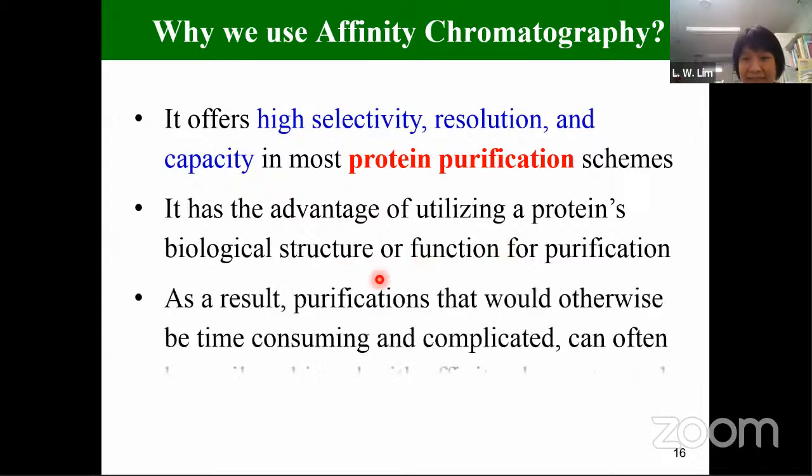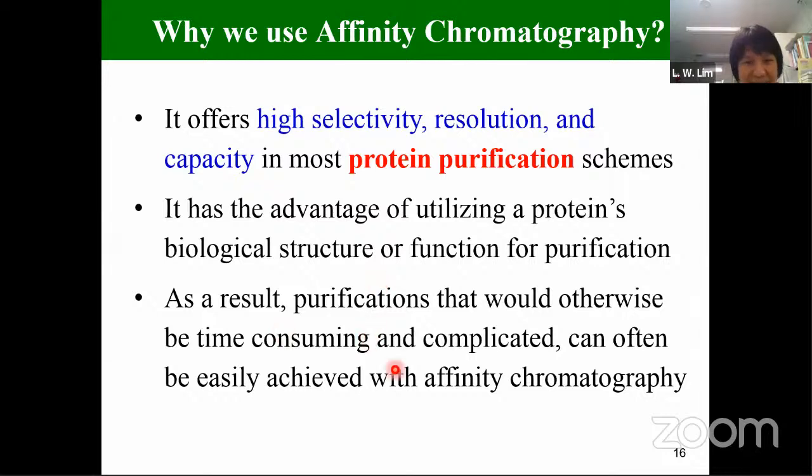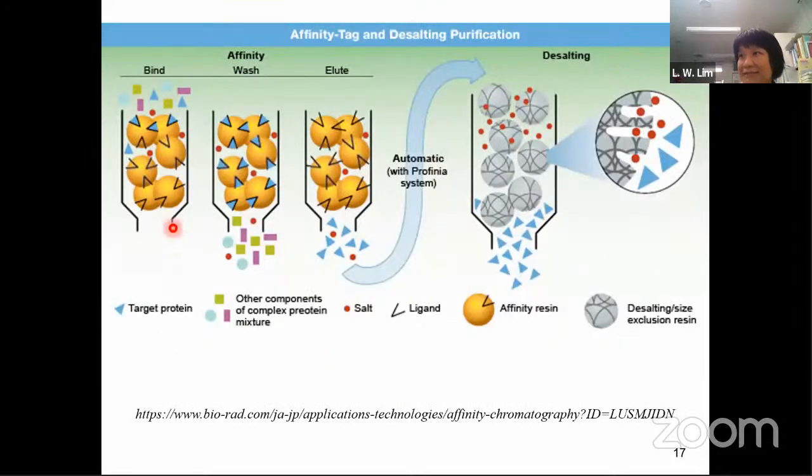As a result, we can save some time, and also we can achieve something that we cannot achieve with another column. So for example, there's one target protein like this here.